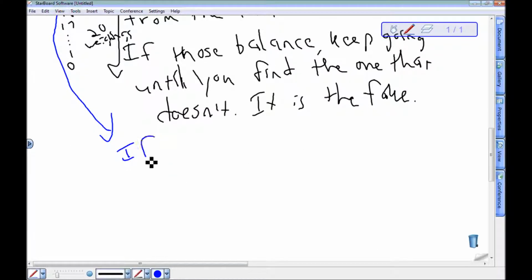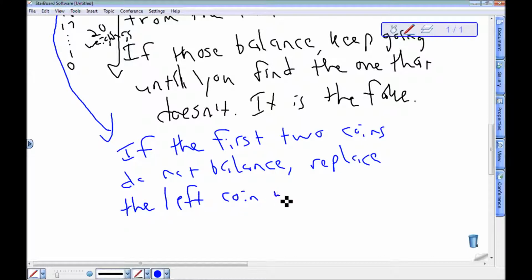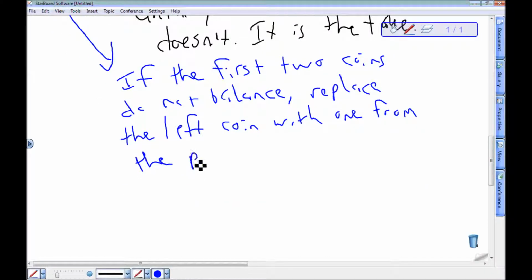So if the first two coins do not balance, we need to replace, say, the left coin with one from the pile. Okay, so if they don't balance, I'm going to replace the left one with one from the pile.